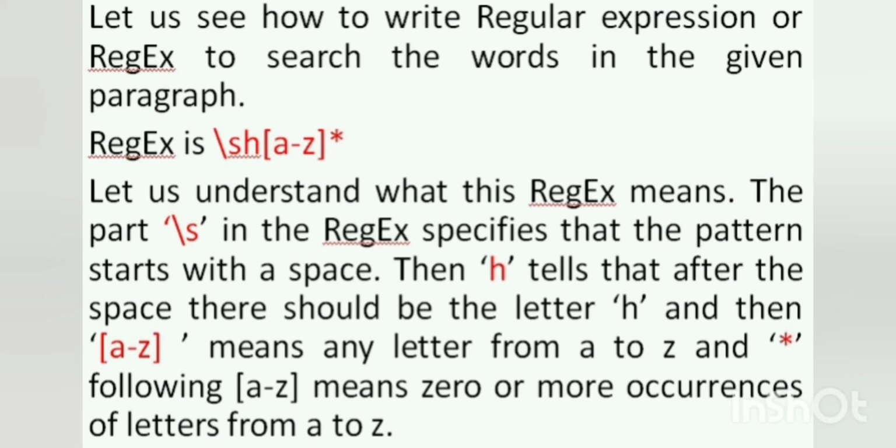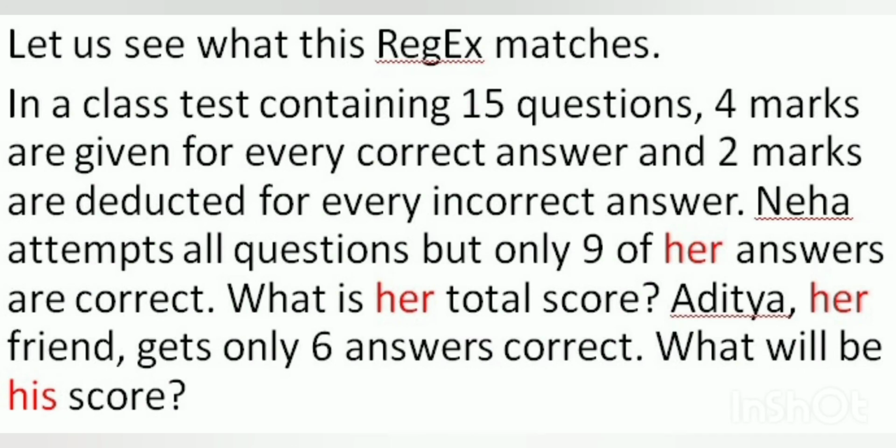And the asterisk following a to z means 0 or more occurrences of letters from a to z. So now let us see what this regex matches. You can see words starting with h, like his or her, have been searched out.